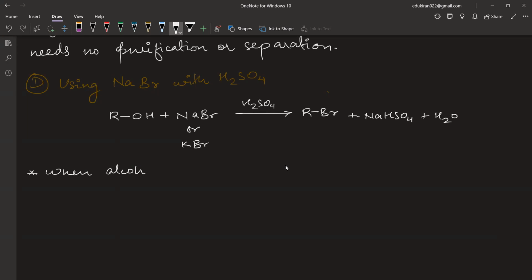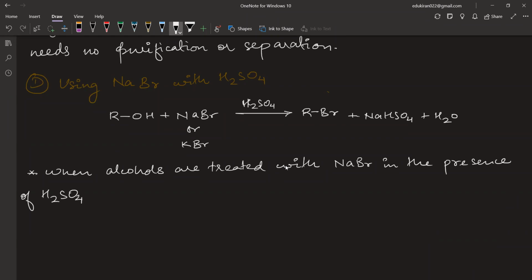When alcohols are treated with NaBr in the presence of H2SO4, HBr is formed in situ. In situ means during the reaction.